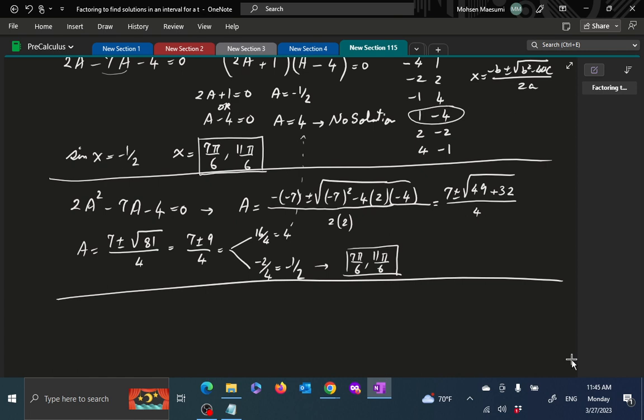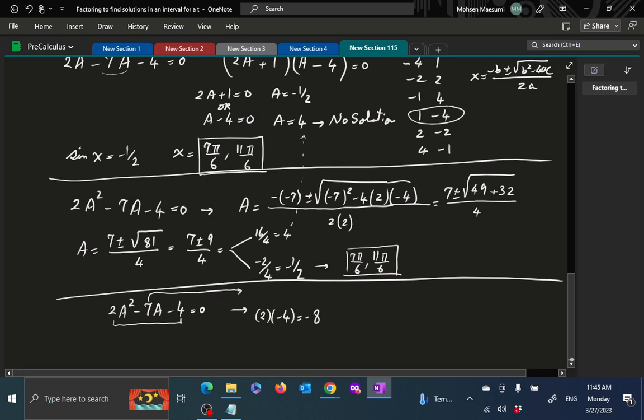Well, any other way? How about this a little bit made easier? So again, here is 2a squared minus 7a minus 4 equal to 0. Perhaps your high school teacher told you to do the following. Take the first and last numbers and multiply them. So 2 times minus 4 is minus 8.